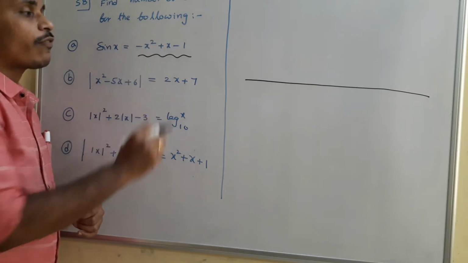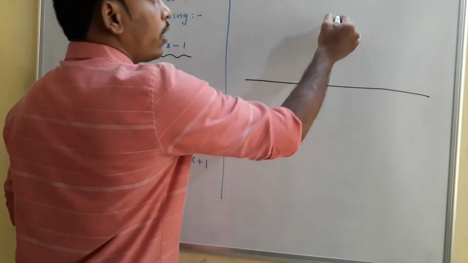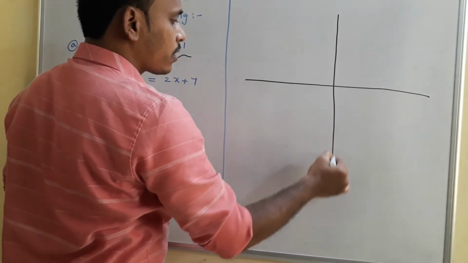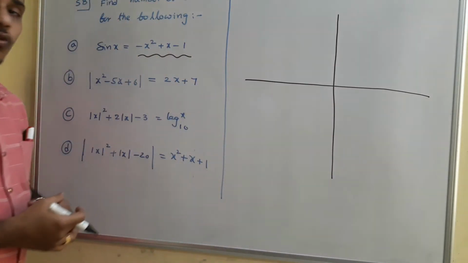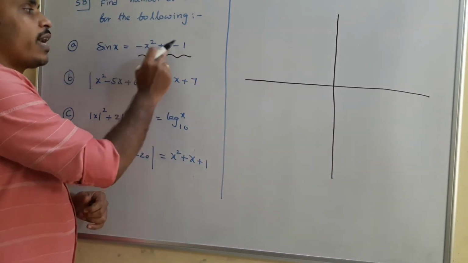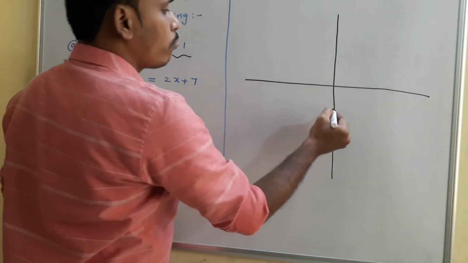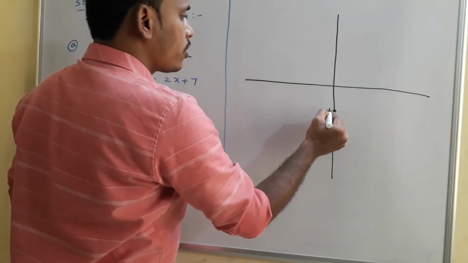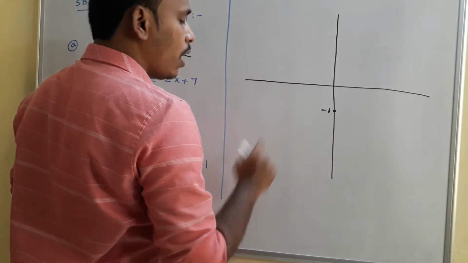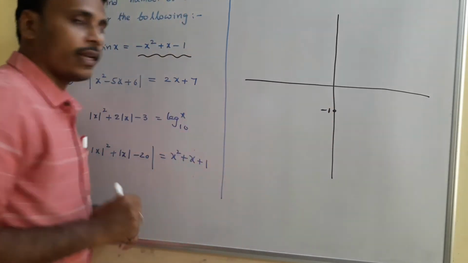For sure its graph is a downward parabola. Here is the x-axis and this is the y-axis. When x is 0, it passes through minus 1.